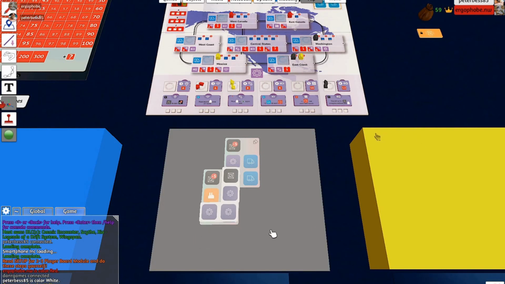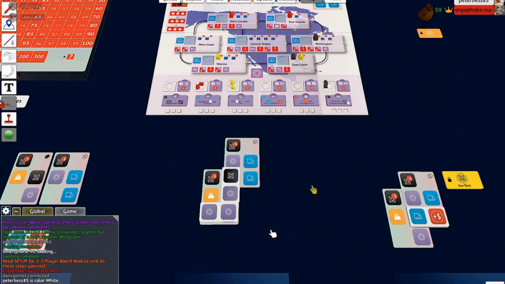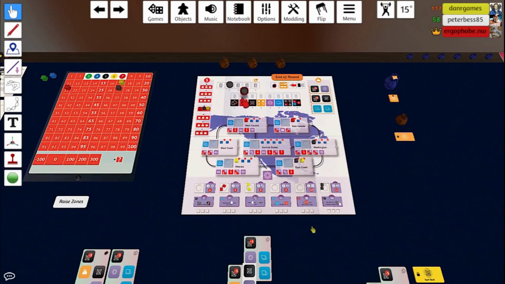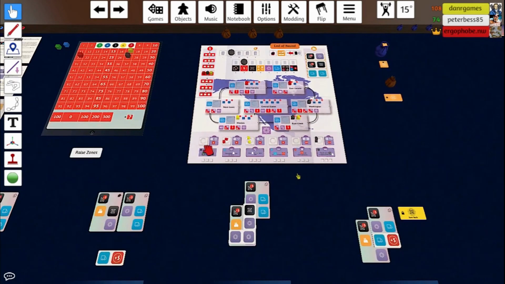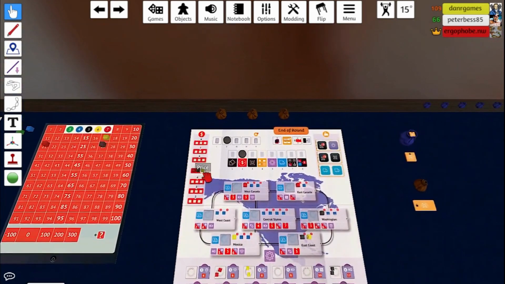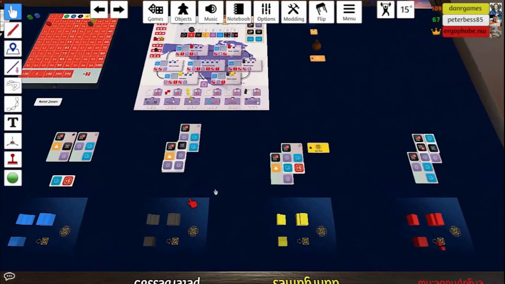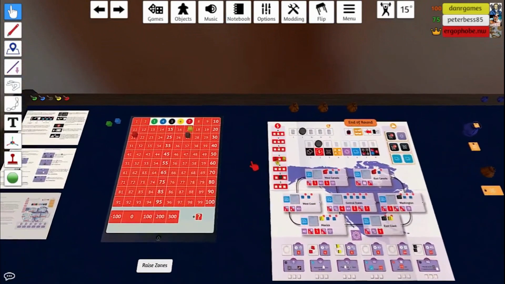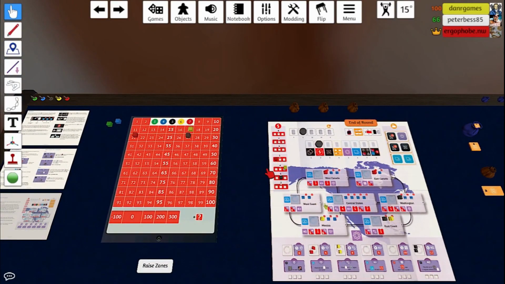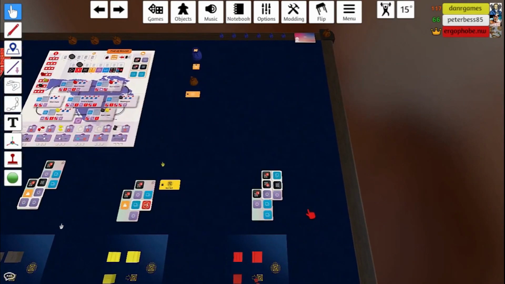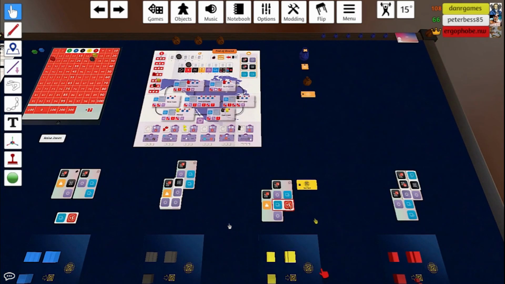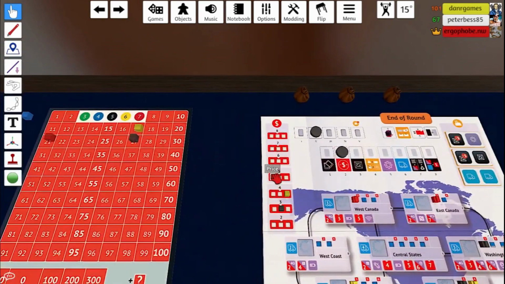Okay, Peter, you ready? Yeah, I think so. Okay, so we set our price. What's Peter's price? He went down 2? Yep, so he's at 3. Dan, you went down 2? No, you went down 2 but went up 1. Right, so I'm still at 4. How did he go up 1? I had a development tile that does it. Oh, I didn't see. Okay, so I go down to 2.